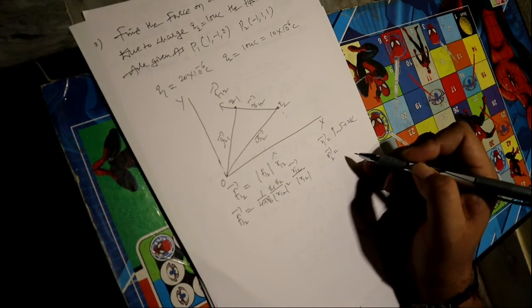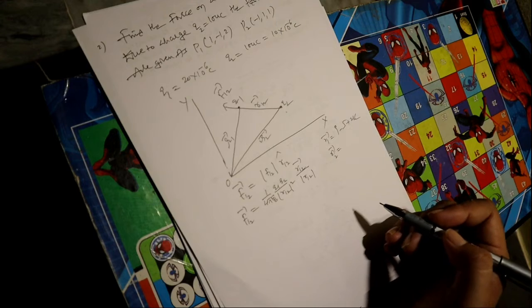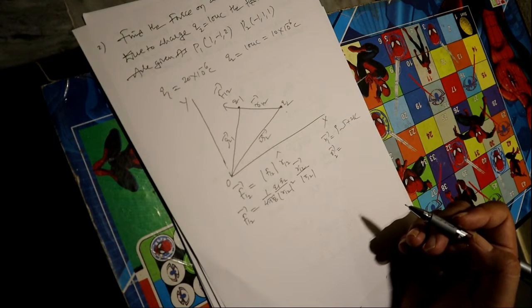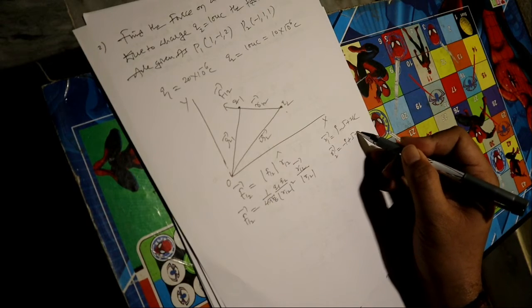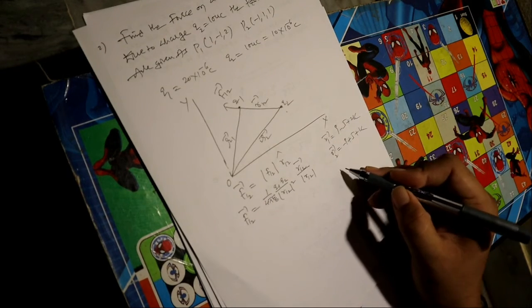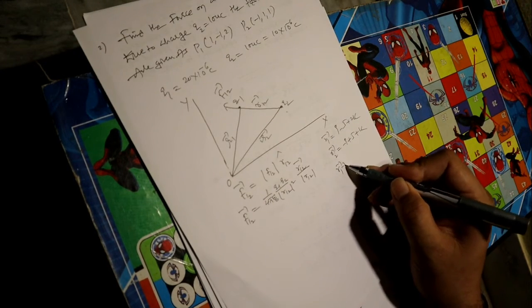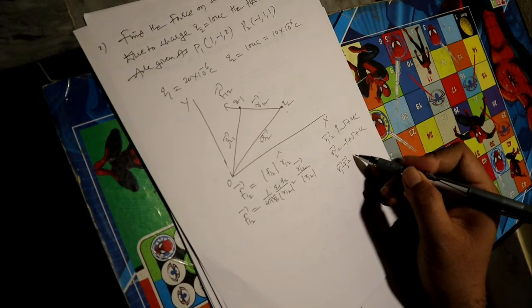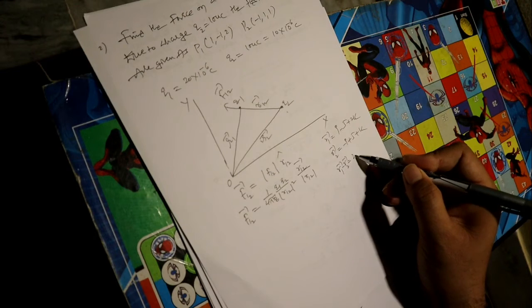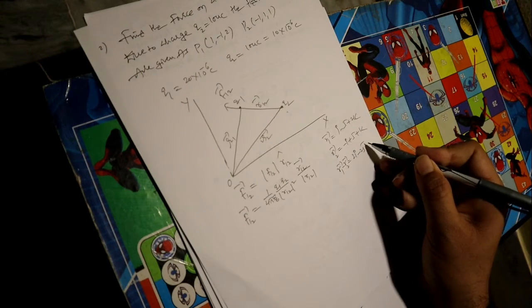R2 bar is equal to, what they gave, (minus 1, 1, 1). That means in vector form minus i plus j plus k. Okay, R1 bar minus R2 bar is equal to, I minus of minus I, 2i minus 2j plus k.